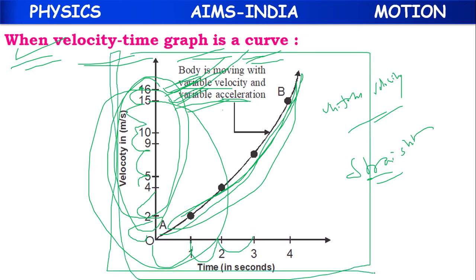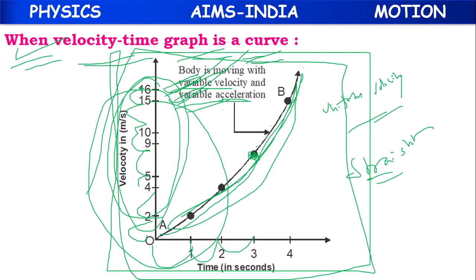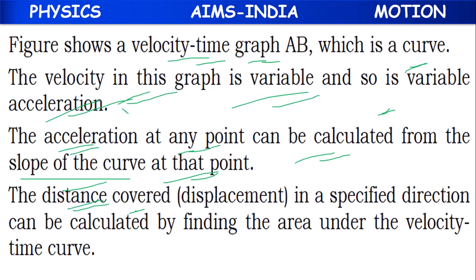For the entire body, acceleration will not be the same. At different points, different acceleration will be there. So at whatever point we need acceleration, at that point we have to find the slope, which will give the acceleration. The distance covered or displacement is also calculated by finding the area of the velocity time curve.